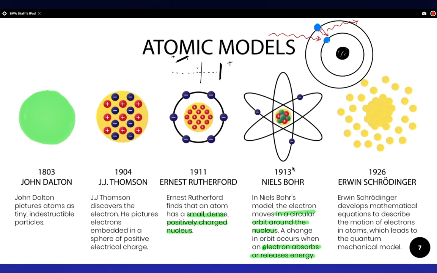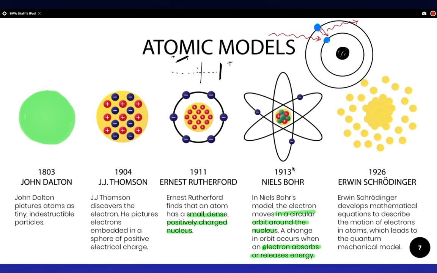They probably more likely move in a specific area or volume, but they move more sporadically than in a circular motion. So he developed mathematical equations to describe the motion of electrons and atoms, and it led to the quantum mechanical model.